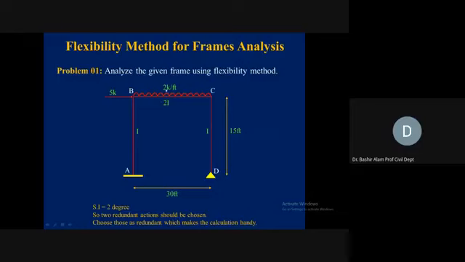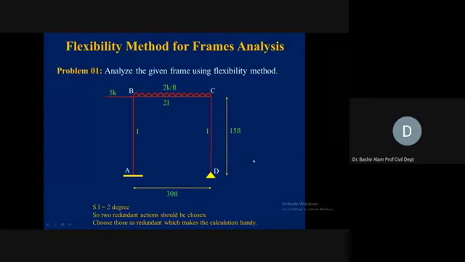On BC, the beam member, we have a 2 kip per foot UDL. Its I is 2I, and the left column AB has I, and the right column CD also has I. The horizontal distance is 30 feet and the vertical is 15 feet.